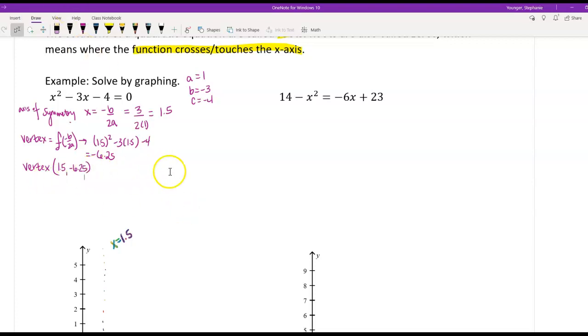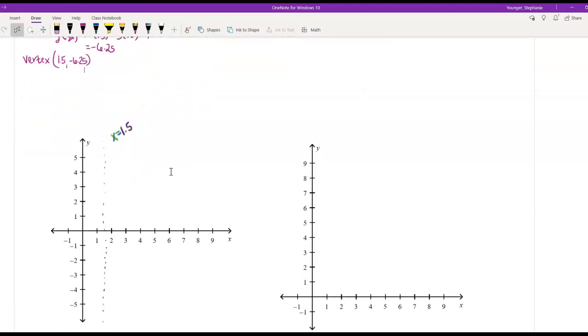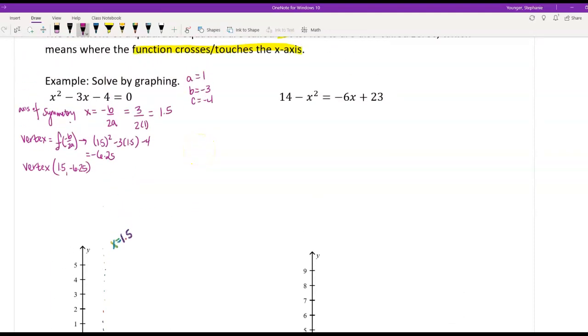So now we're going to plot the value 1.5, negative 6.25. Well, here's our axis of symmetry. 6 is right around here, so we're going to say 6.25 is right here. So there's my vertex at 1.5, negative 6.25.